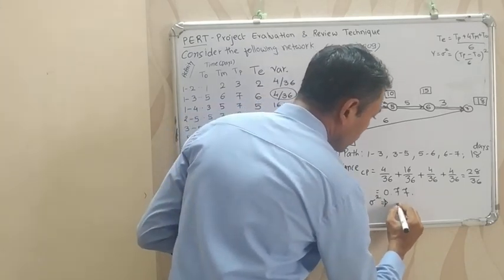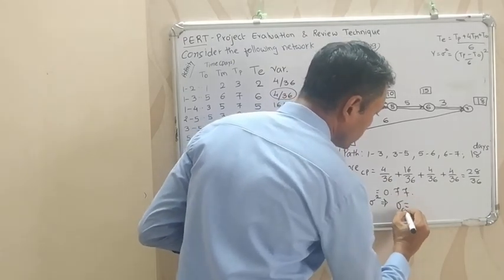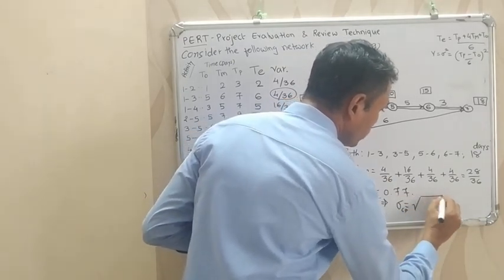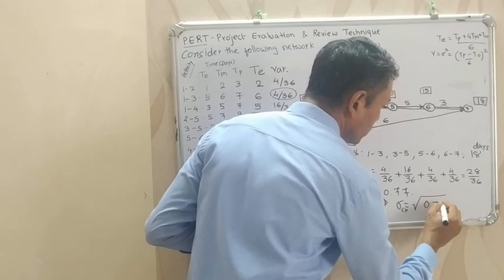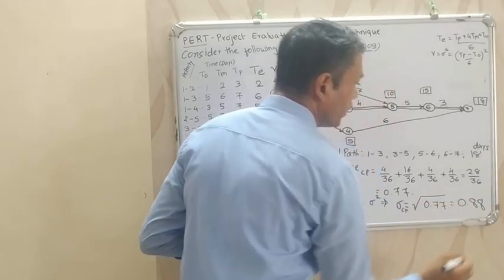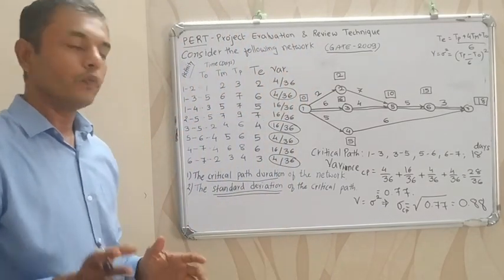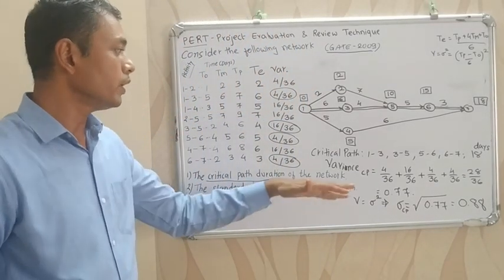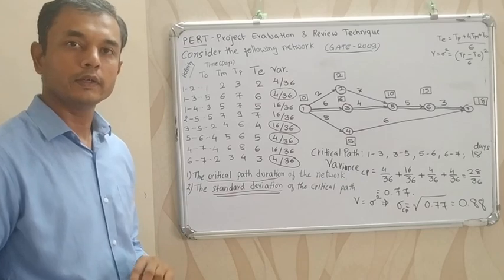So we can say that the standard deviation of the critical path is equal to the square root of the variance, 0.77. So the answer is 0.88. So the standard deviation of the critical path is 0.88.